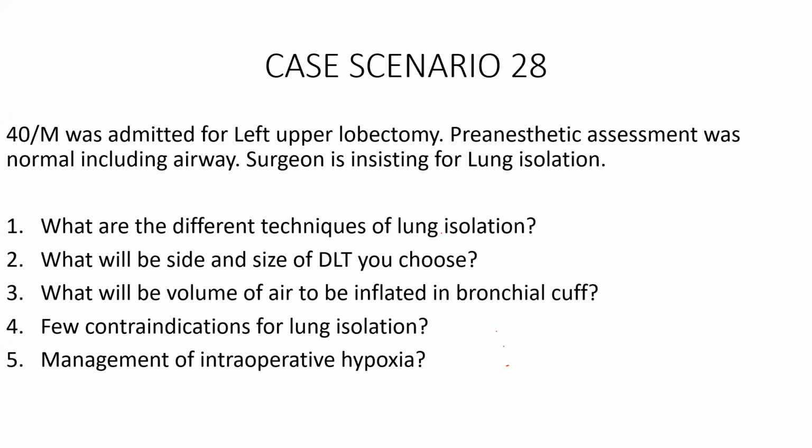Right. Who wants to start this session? I will volunteer, sir. DLT, double lumen tube, good. Bronchial blockers, endobronchial intubation, endobronchial tubes, fine. So what are the different types of DLT you know?